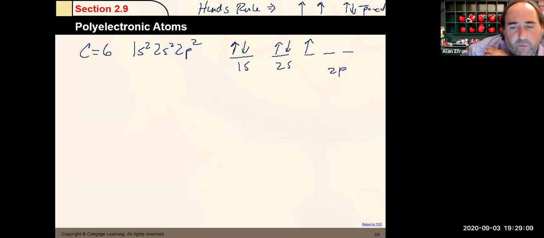So what that means is when we have multiple orbitals in a subshell, the electrons actually go in one at a time, heading in the same direction first. So they'll go 1, 1, 1, and then come back and start pairing off. And that's what's known as Hund's rule, maximizing the parallel spins of those electrons makes it more stable.